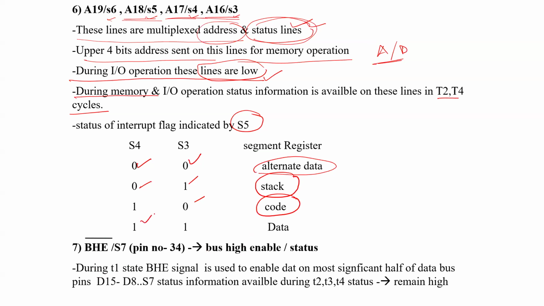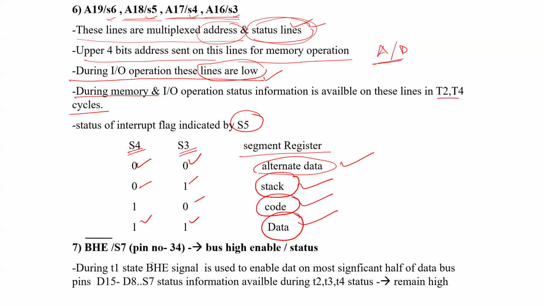And if both are 1, 1, at that time the data segment register we need to use. So with the help of S3 and S4, we are able to use the segment address. If both are 0, 0, alternate data. If 0, 1, stack data. 1, 0, code. 1, 1, data.